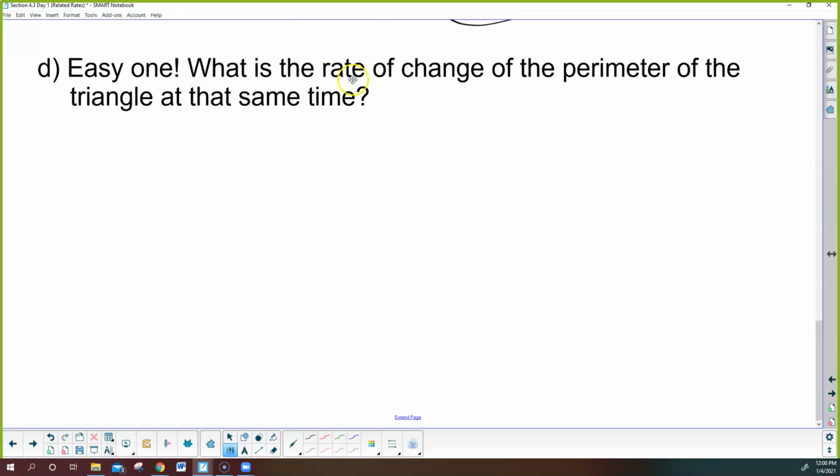All right, what is the rate of change of the perimeter? Well, here they tell me what equation to use. You don't have to redraw this triangle because you already have it, but I'm just going to draw what we know. We knew A was 15, we knew B was 8, we knew C was 17 feet, and then we knew their rates as well.